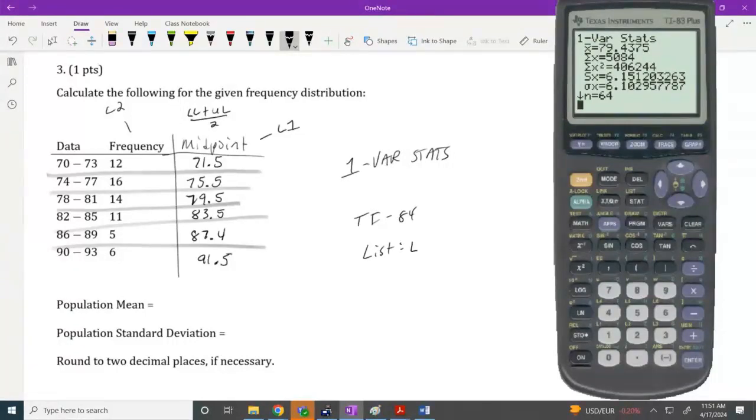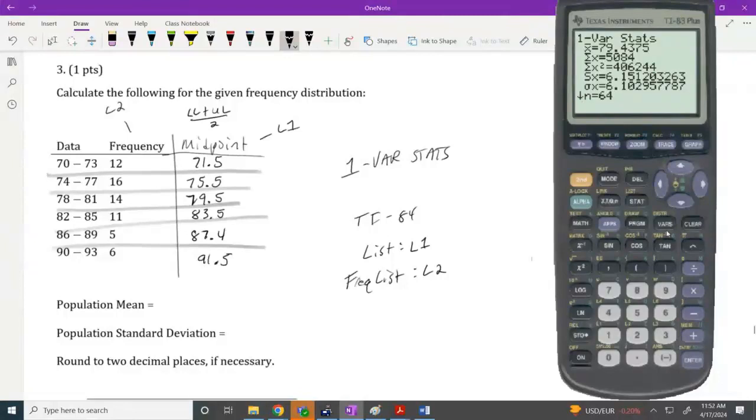So for list, you're going to put L1 and then for frequency list, you're going to put in L2. That's only if you have a TI-84 or 84 plus.